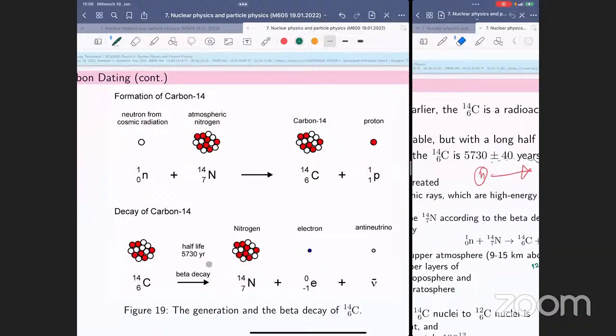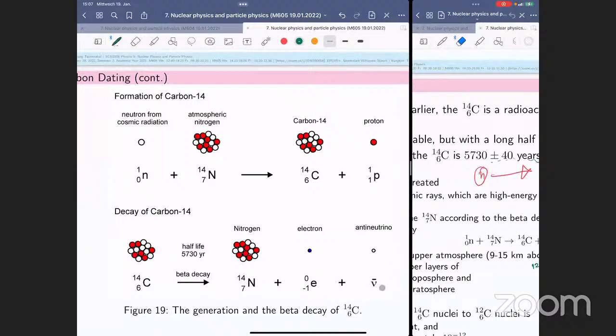The element now changes from carbon to nitrogen. One more proton is generated, and this process is beta minus decay, right? It's going to bring you one electron. The electron will get out of the nucleus of the carbon 14, and the nucleus remains as nitrogen. And one more thing, as you completely know before, we will also have the electron anti-neutrino.